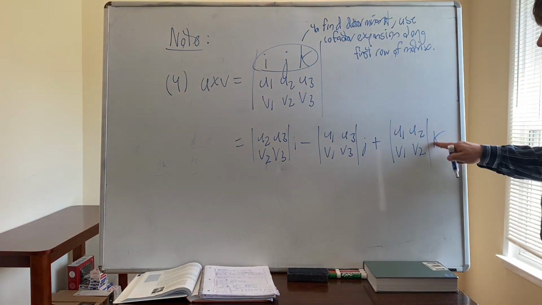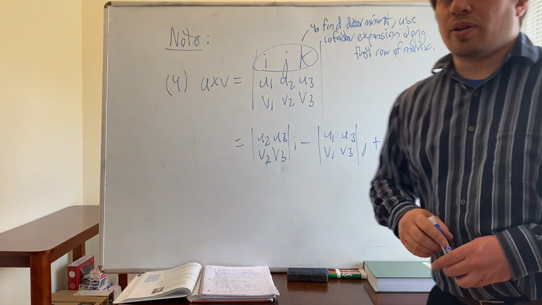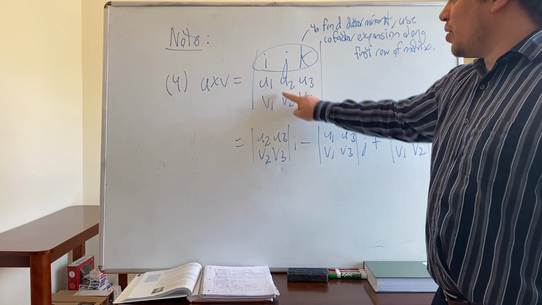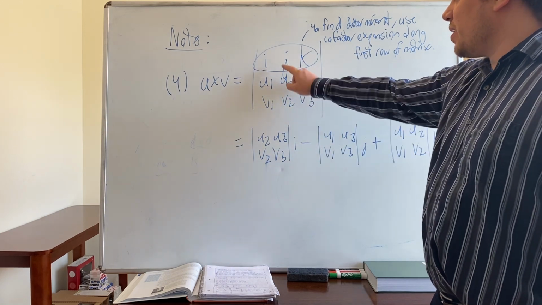Okay, so take the cofactor expansion along the first row, and you'll get the positive I times the determinant of this submatrix, minus then, right?